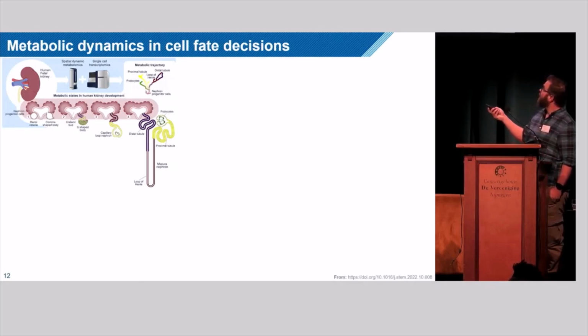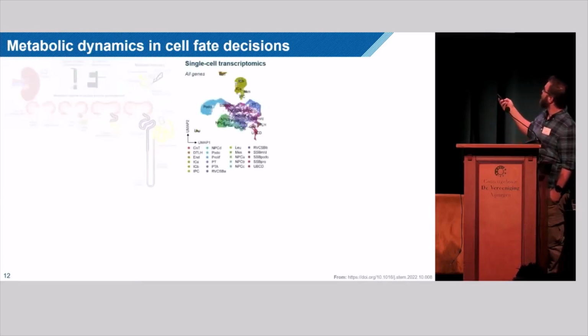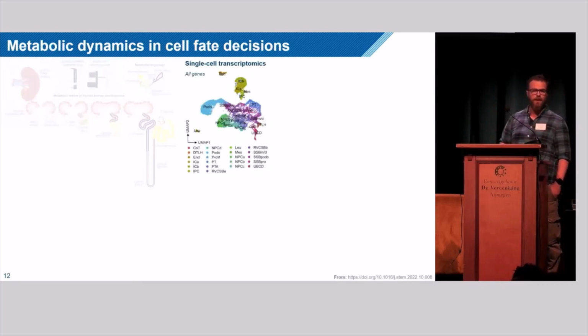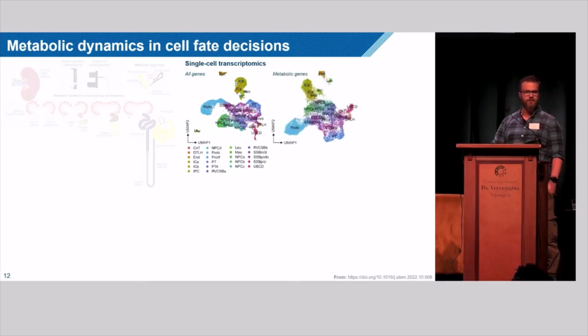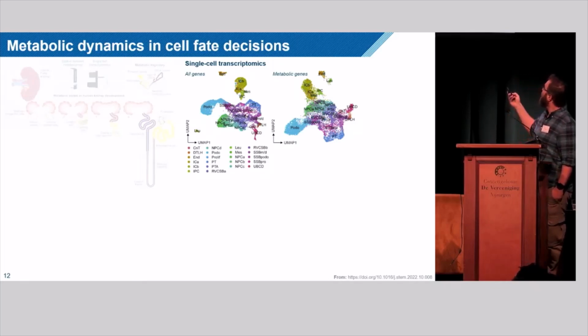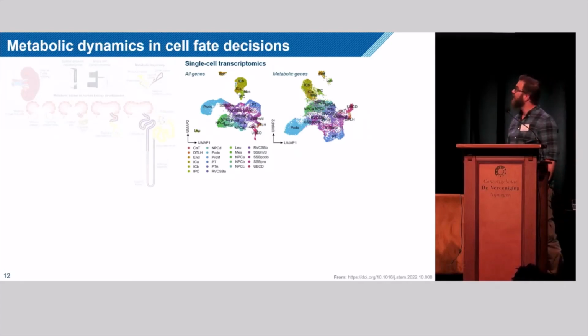So what we did is we took human fetal kidney, subjected it to spatial dynamic metabolomics as well as single-cell transcriptomics, which gave us a single-cell transcriptomics data set, which is fantastically suited to pick out all the different cell types you get throughout the entire development of the human kidney.